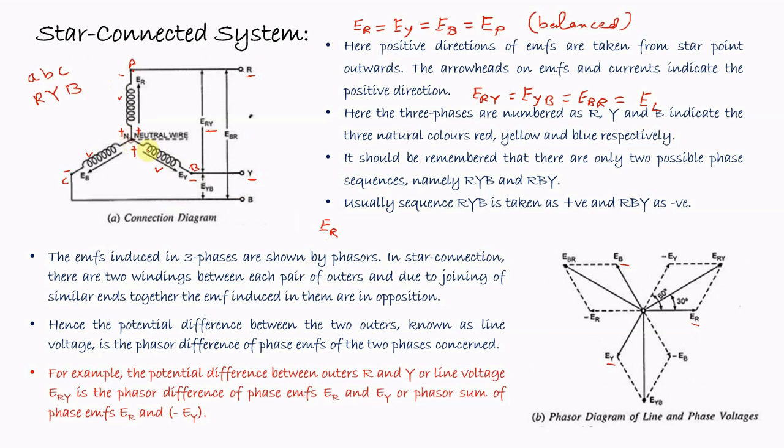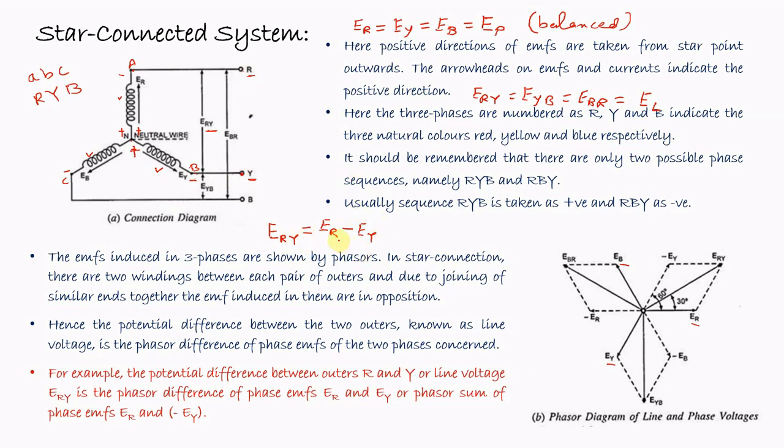And now from neutral to the B point, because we have to calculate the potential difference between R and Y, from neutral to B point we are going from the positive side to the negative side. It will be considered as minus EY. And then we reach the terminal Y. So we are starting from R and we end at the terminal Y. So it will give us the potential difference between R and Y, and this is the line voltage, that is ERY.